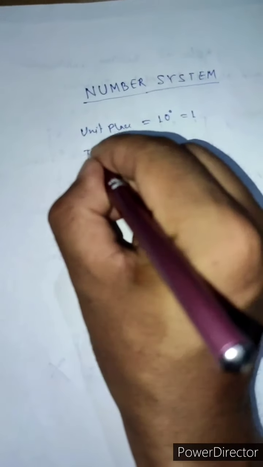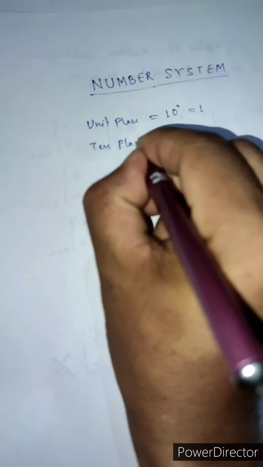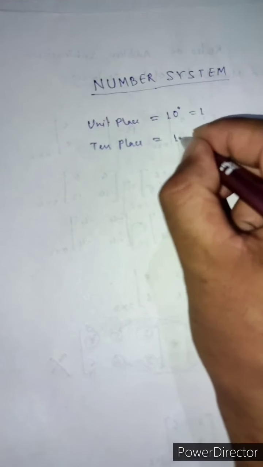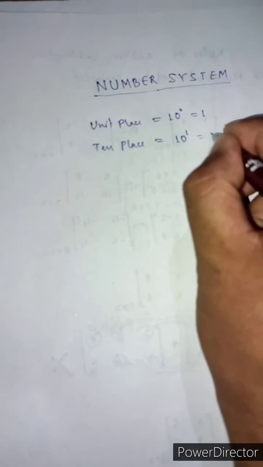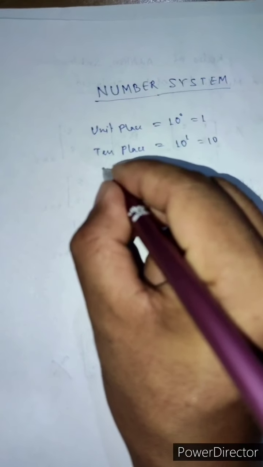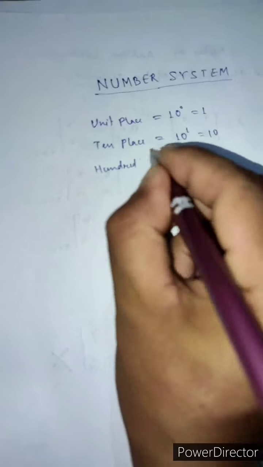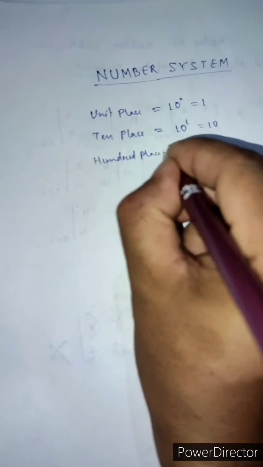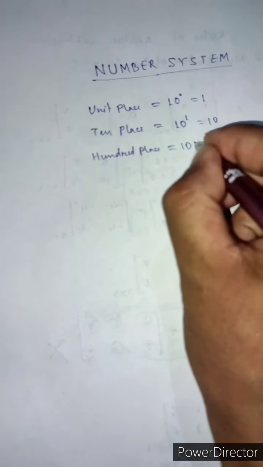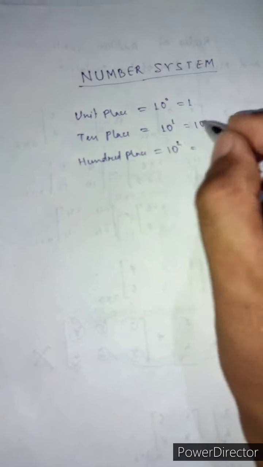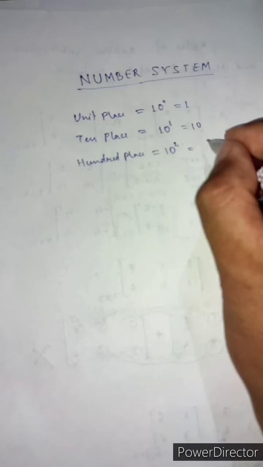That means it is equal to 1. Then 10 place is how much? 10 place is 10 power 1, that means 10. After that comes 100 place. How much is it? 10 square. If you give the power 2, it is 10 square, that means 100.